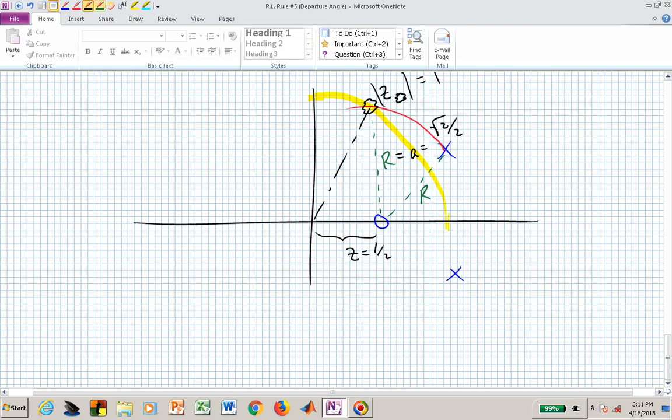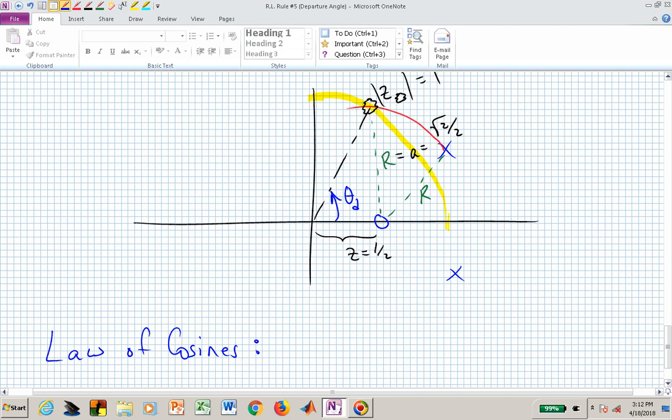And if we wanted to compute this angle, we can do that now by the law of cosines. This particular angle, let's call it theta sub d, because that's the angle of our z value in this case. We can now write the law of cosines to find theta sub d.